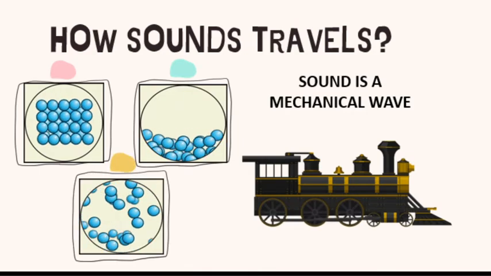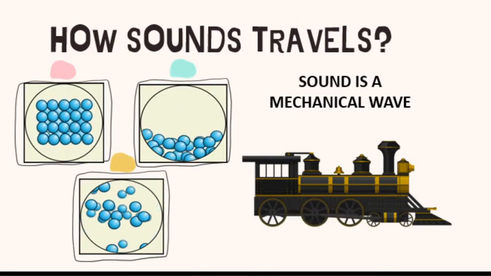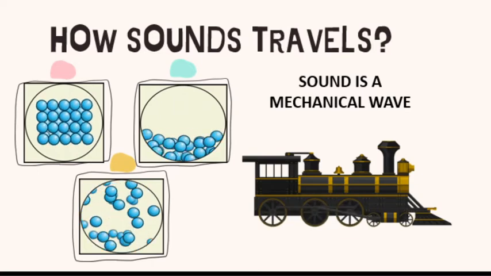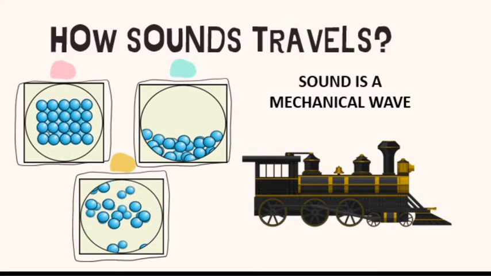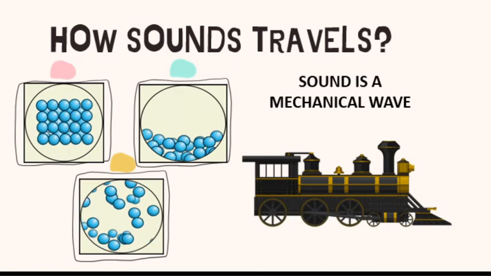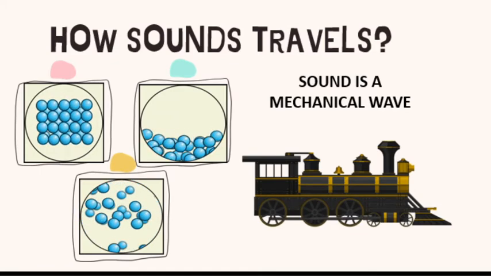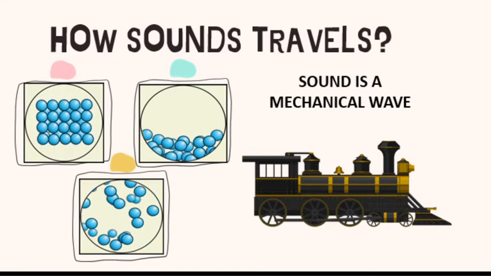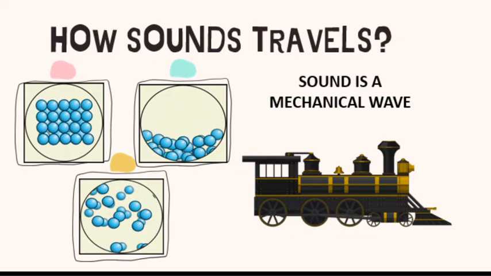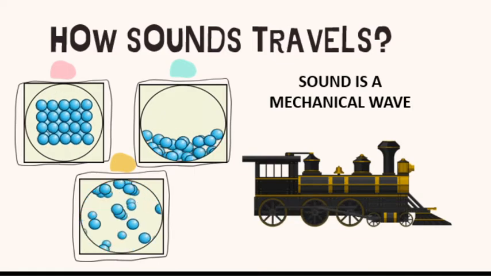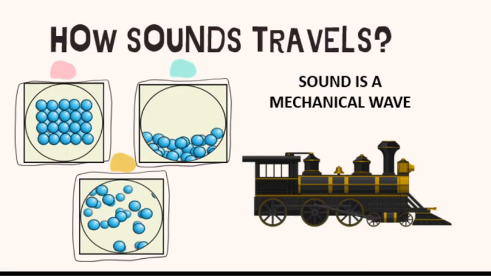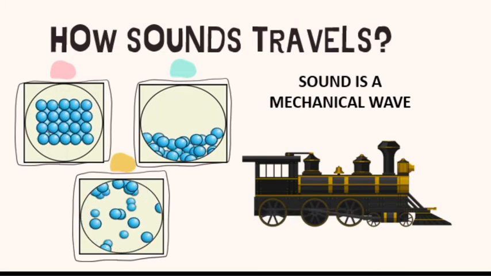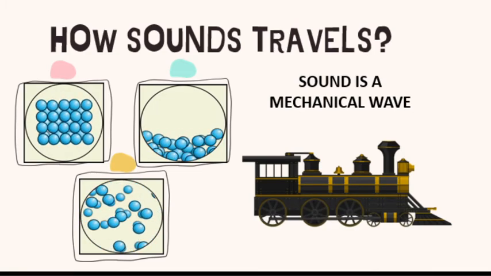For us to know in which medium sound travels fastest, we have to know the molecular structures or arrangement of solid, liquid, and gas. In solid, notice that the molecules are very close to each other while vibrating. In liquid, molecules have spaces enough for the particles to move.